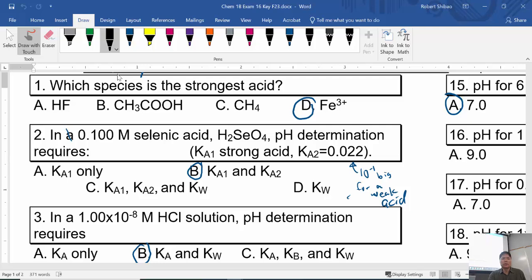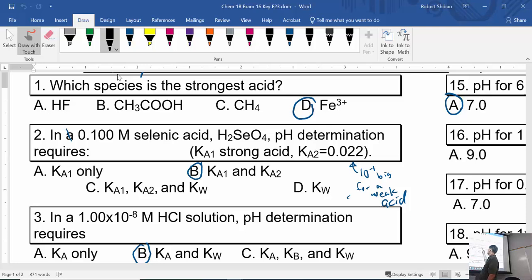Number 2, 0.100 molar selenic acid. Selenic acid is a strong acid here. Selenic acid is like sulfuric acid. Sulfuric acid, Ka1 for sure is going to give you the most H+. But when you look at Ka2, like for sulfuric acid, Ka2 is 0.021.